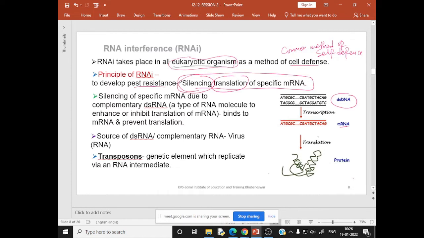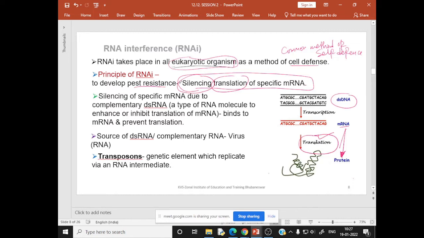So we are involved in the process where mRNA is translated into protein, and we have to check the process of translation. Silencing of specific mRNA is due to complementary double-stranded RNA, a type of RNA molecule that can enhance or inhibit translation of mRNA; it binds to mRNA and prevents translation.